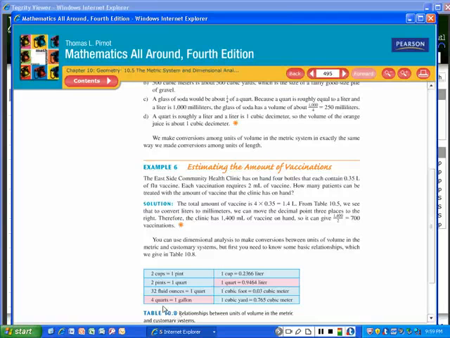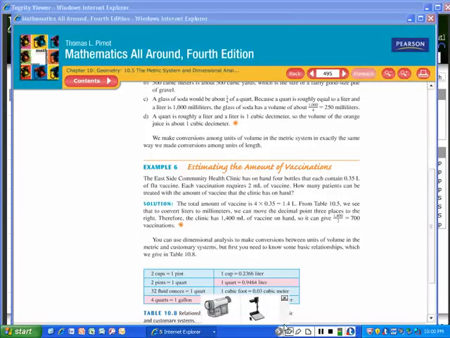Okay, and it looks like that's the best I can do. And then notice I have a relationship between quarts and gallons. So 1 quart is 0.9464 liters, and 4 quarts is equal to 1 gallon. So I'm going to use those two facts, but I've got to get to liters first.